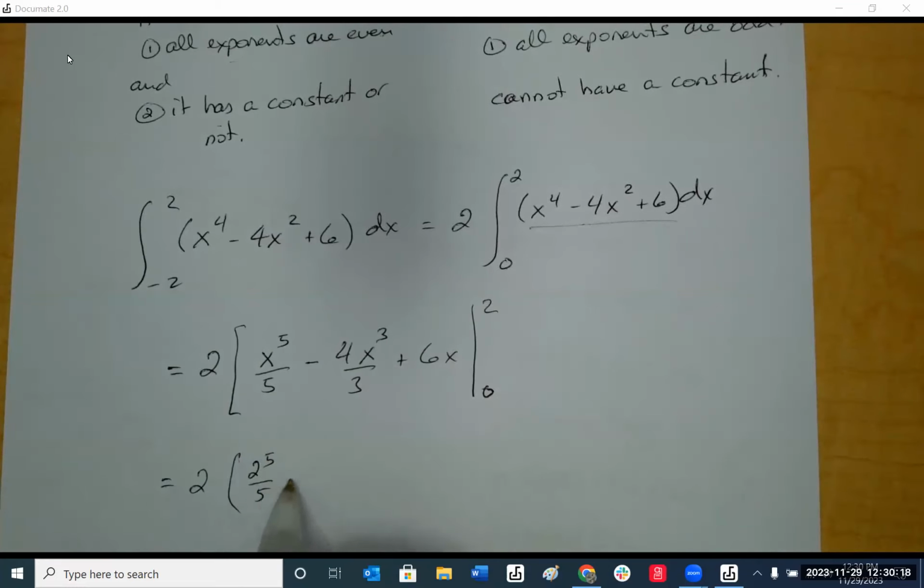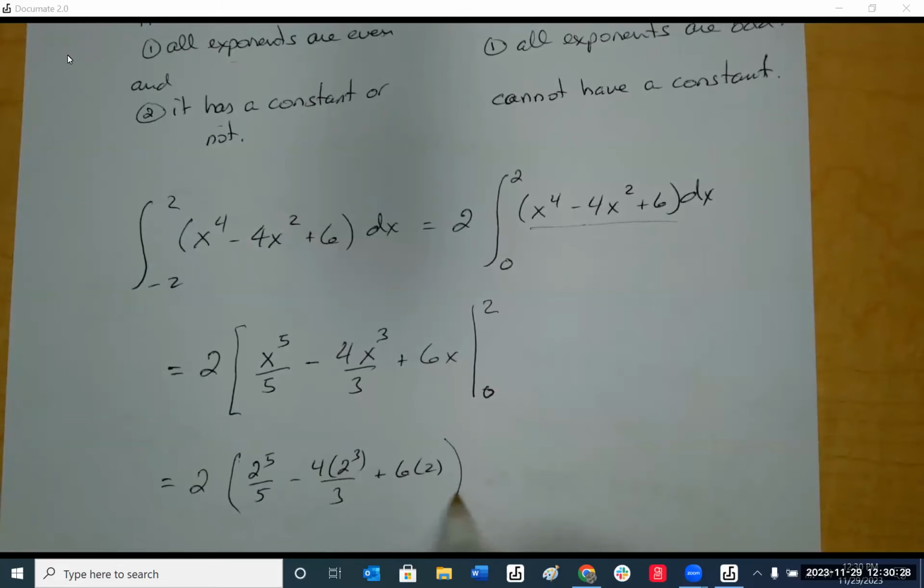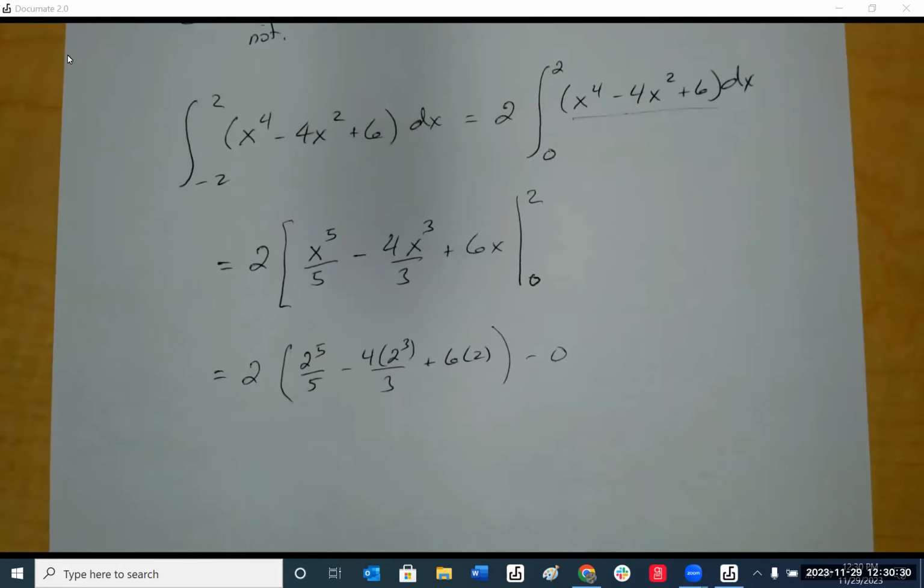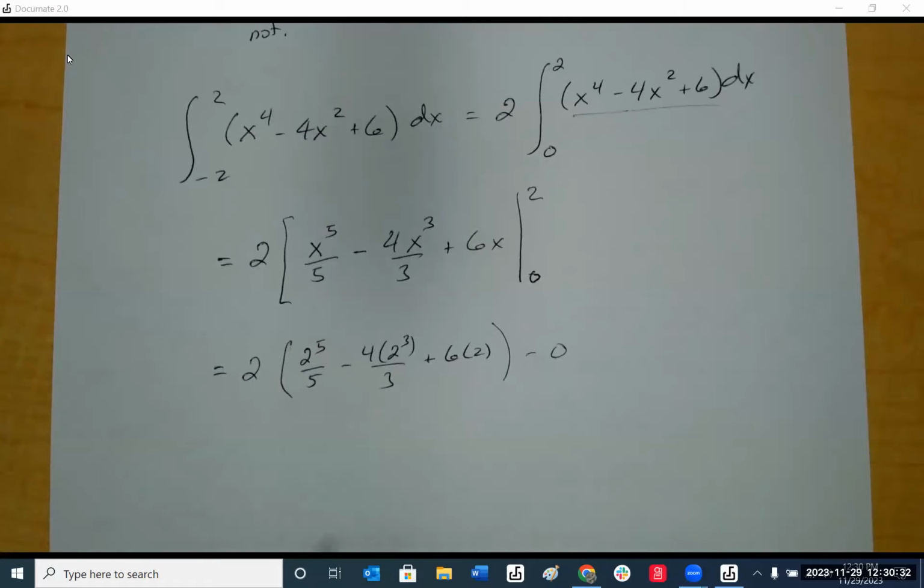Two to the 5th over 5, 4 times 2 to the 3rd over 3, 6 times 2, minus 0. All of them have x's, so they go to 0.